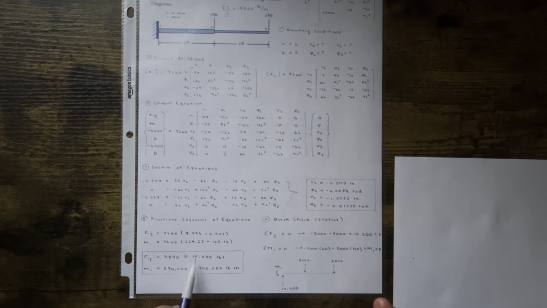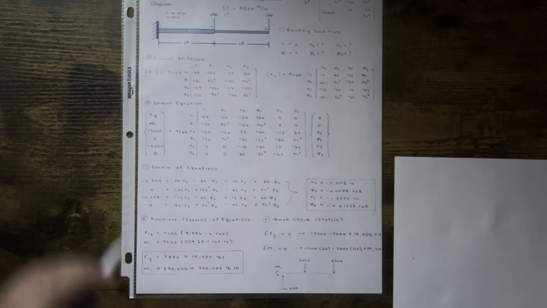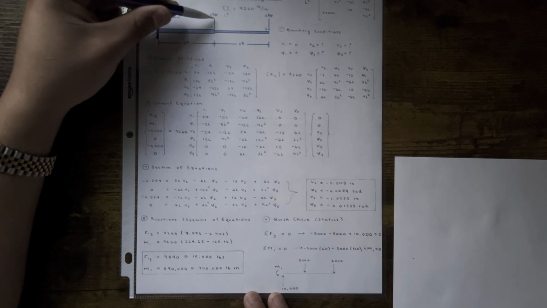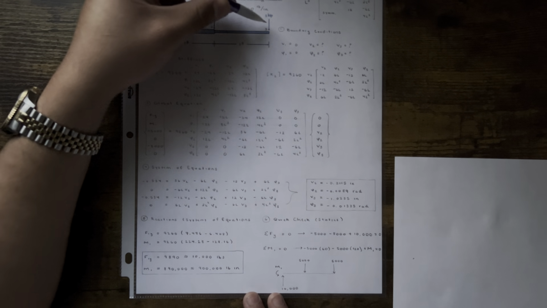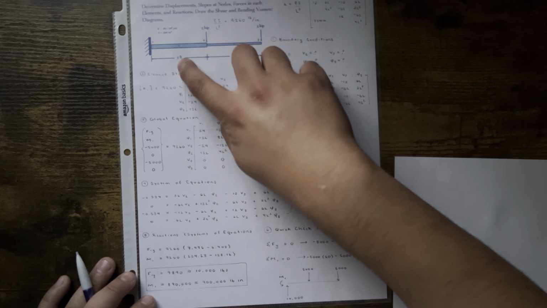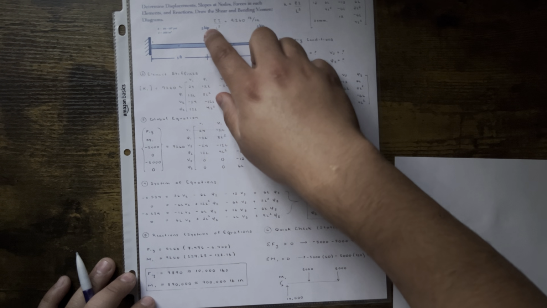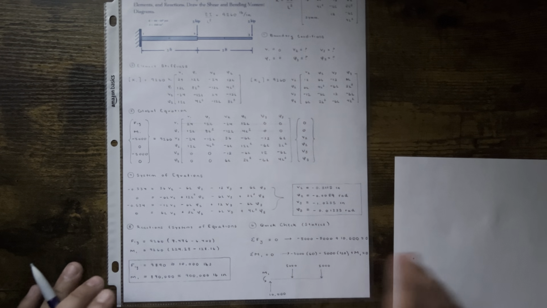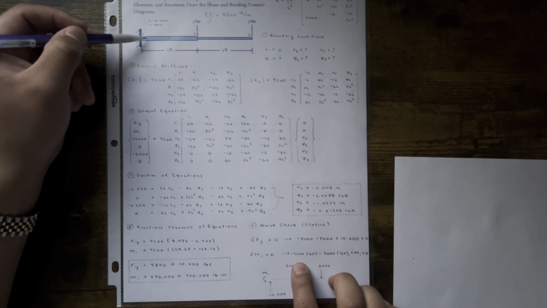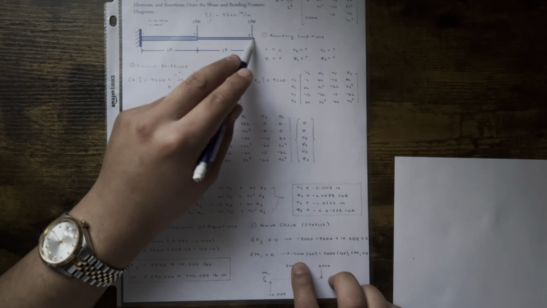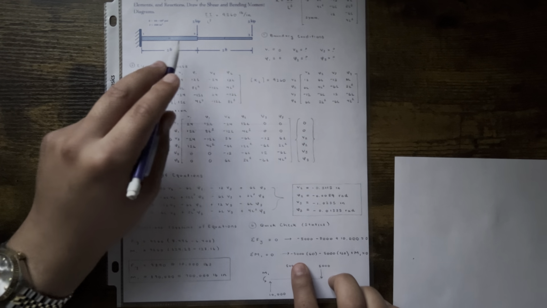That's 10,000 pounds. The moment at 1, well, you just take a moment about point 1. So it's just 5,000 making a moment, and then another 5,000 making a moment. So it's 5,000 times 5 feet or 60 inches. Just do the math. Minus 5,000 times 60, it's a negative moment, so you're going to put negative. Minus 5,000 times 120 inches.